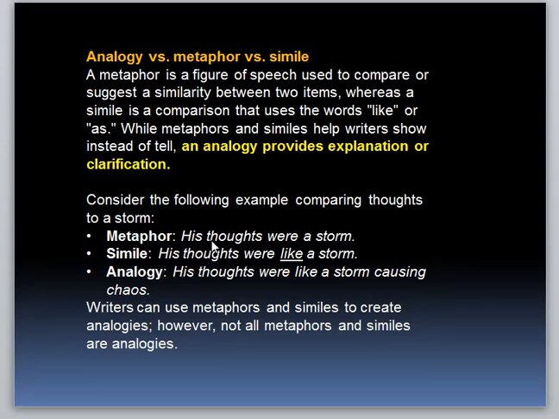So these are three different devices used to compare one particular thing with another and find the similarities. But in analogy, we are explaining it further. We are clarifying why it is like that. Writers can use metaphors and similes to create analogies. However, not all metaphors and similes are analogies. Please keep in mind.